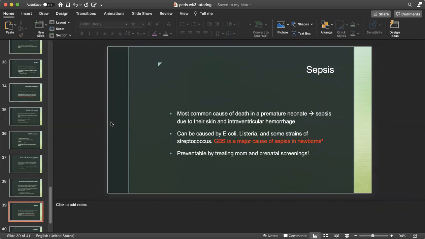Remember I said earlier that you need to know if the mom has GBS. It's preventable by treating the mom and doing the prenatal screenings. But if the mom is homeless or lives in a poor area, she probably won't be screened as often. So we need to take extra precautions when we know the baby has been exposed to GBS.